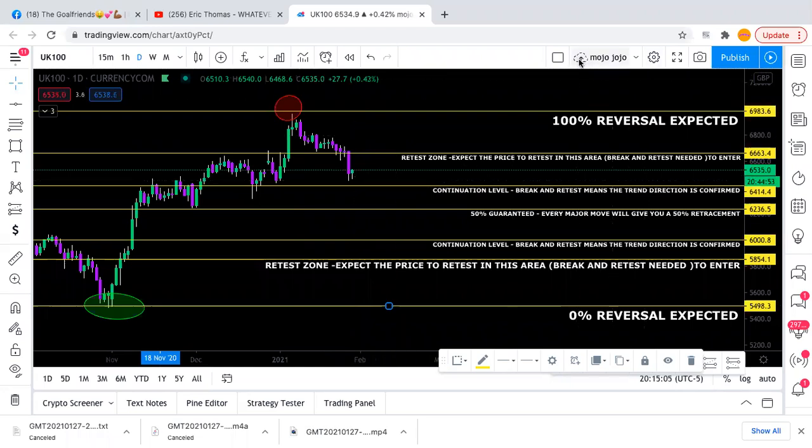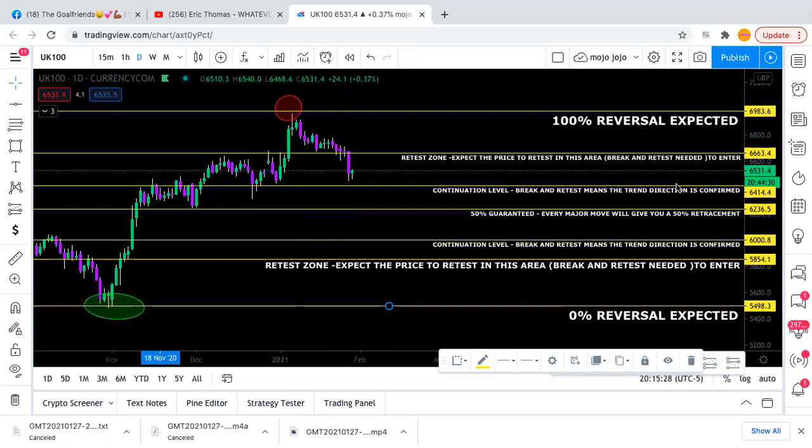So once the price hits a certain level on the fib, it's going to do what? Drop it in the chat. Retest, correct.